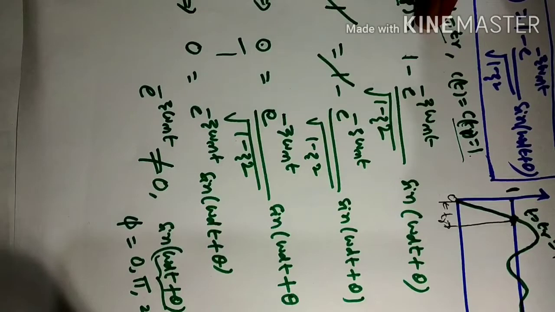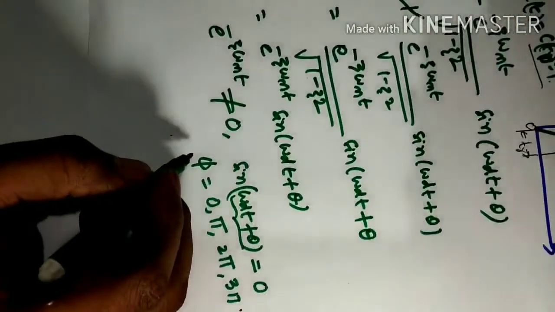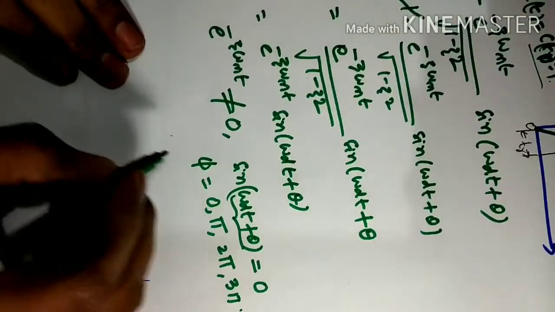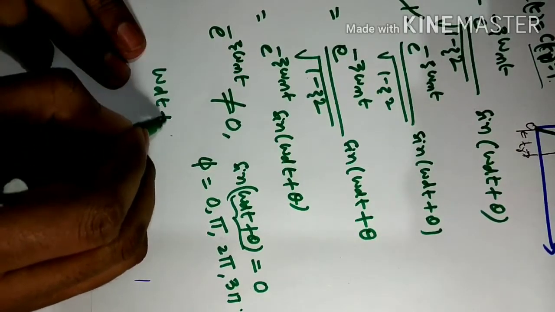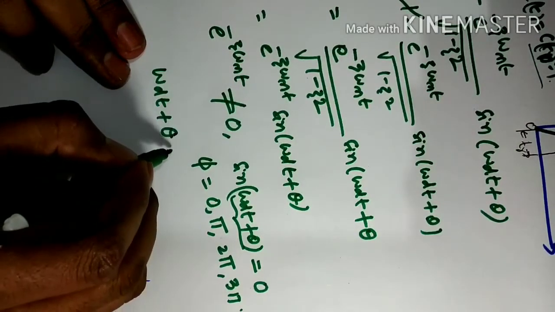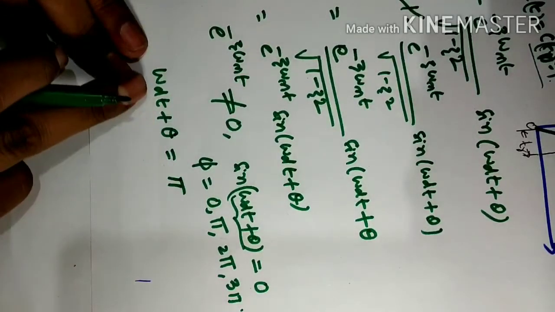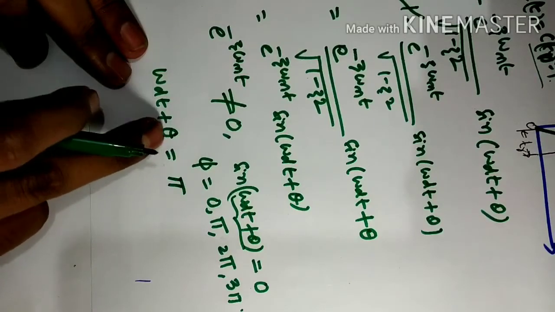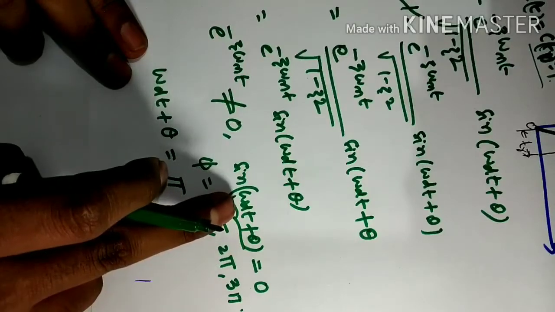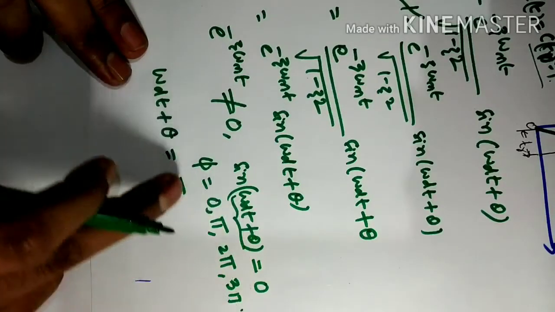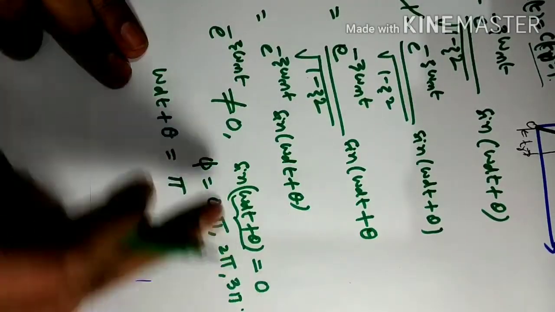Then what happened here, omega d t plus theta becomes pi. Even if you substitute omega d t plus theta as 0, sine 0 is 0, sine pi is 0, sine 2 pi is 0.